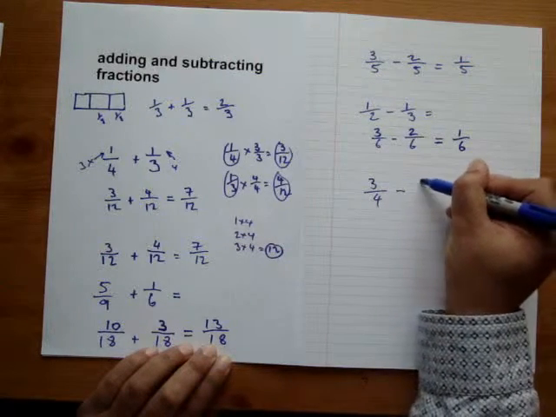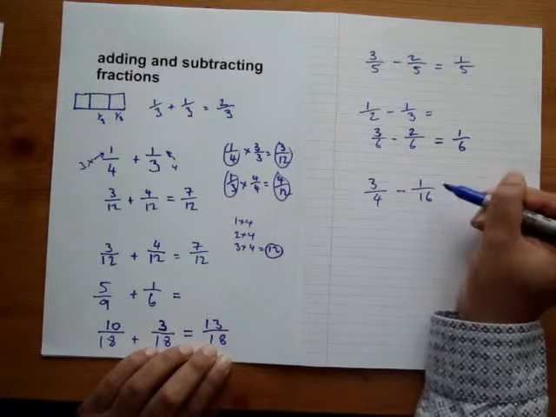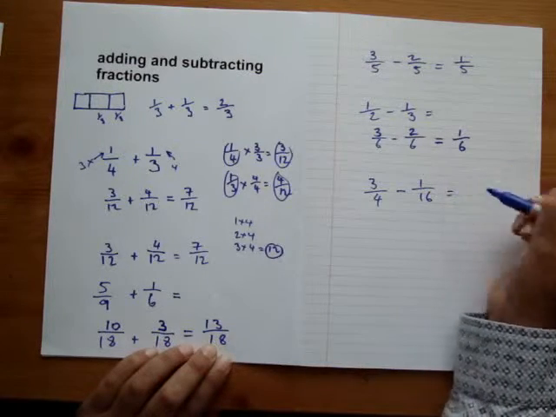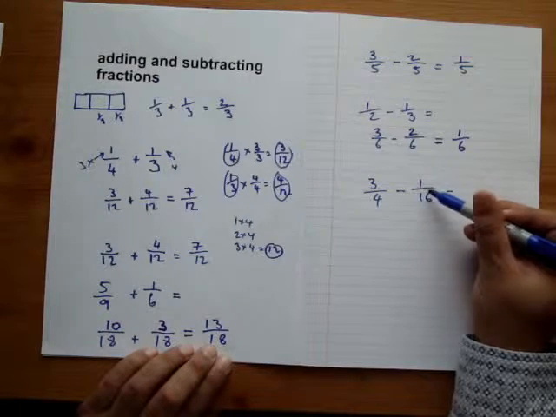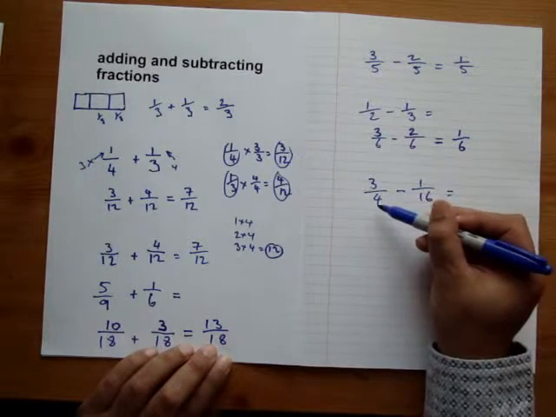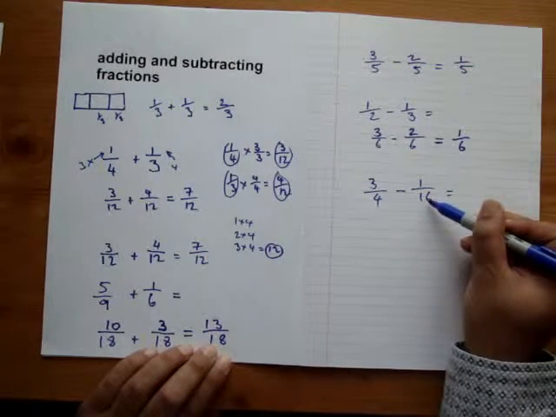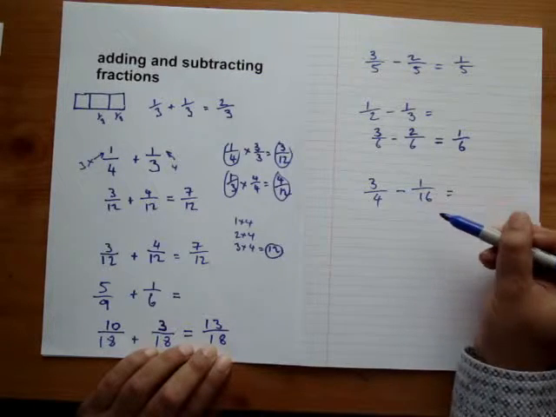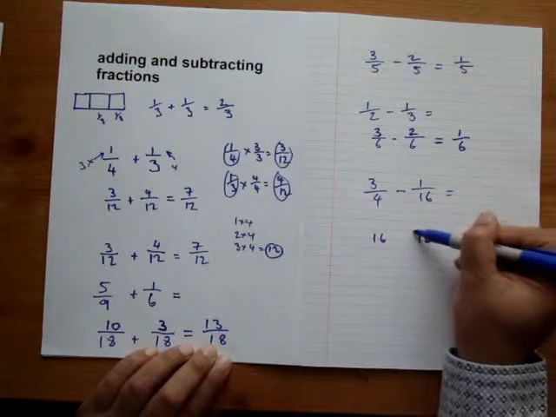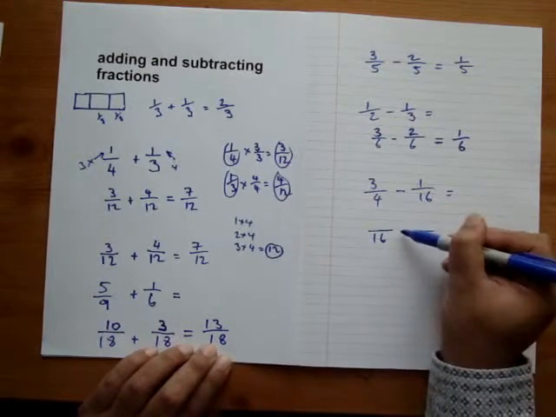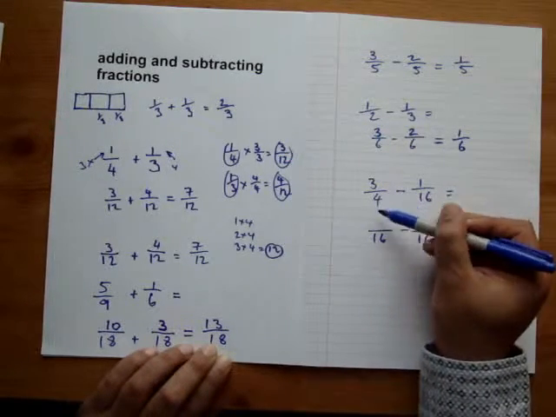3/4 minus 1 over 16 equals. Choose the larger number and go through multiples, see which is a multiple of 4. 16 times 1, is that a multiple of 4? Yes, it is. So we can write the 16 on the bottom. What do we do to the 4 to make a 16?